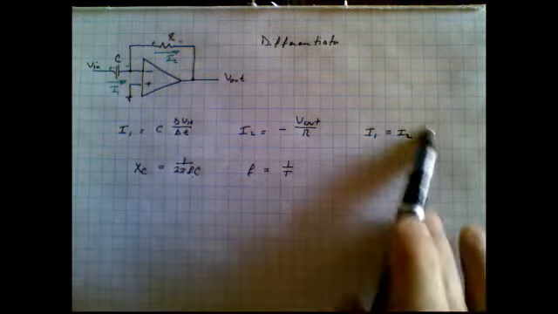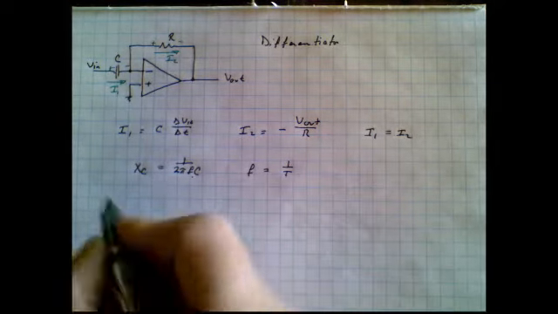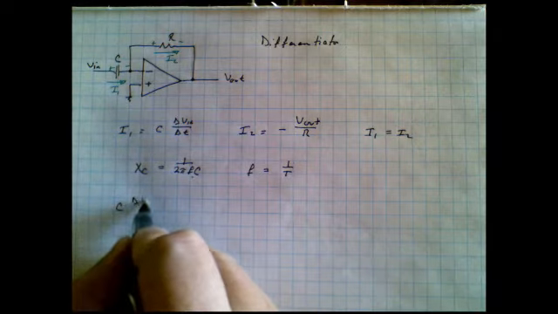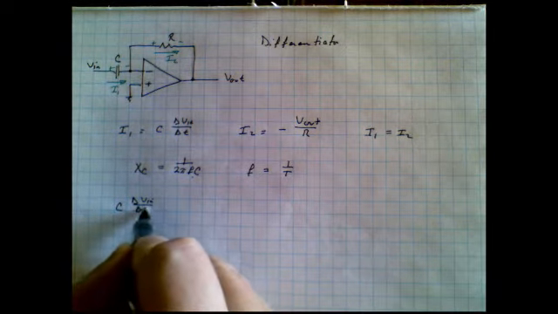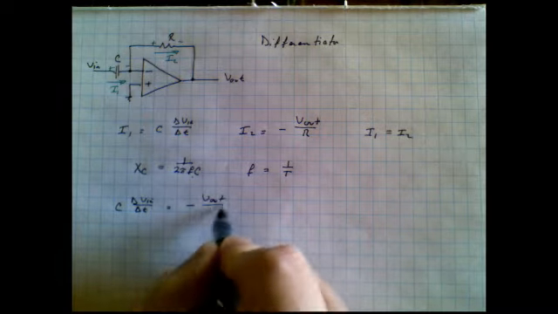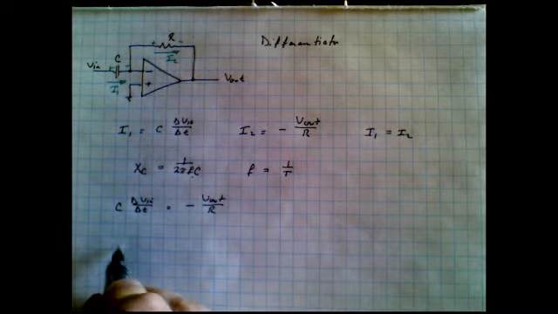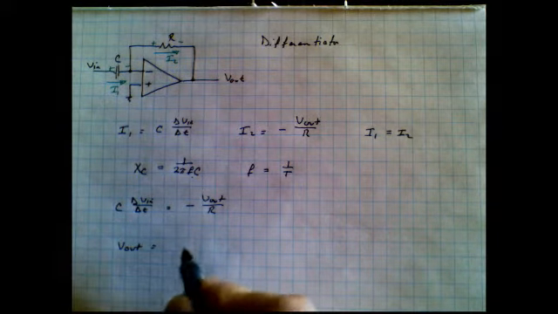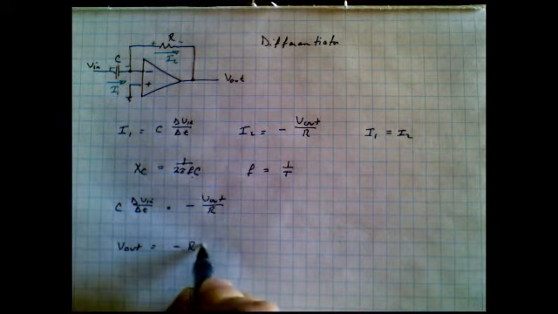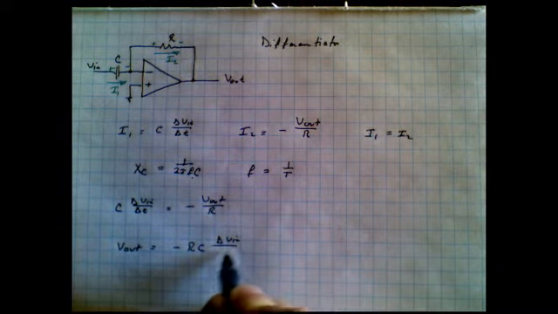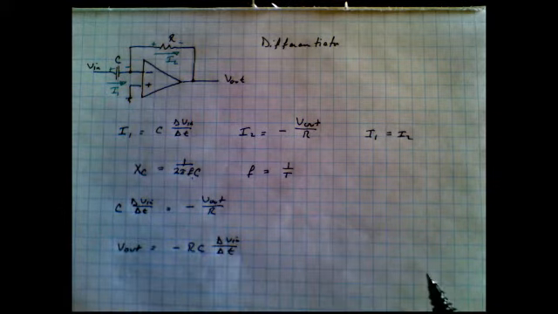So now let's equate I1 and I2. We have C delta Vin over delta t equal to minus Vout divided by R. Solving for Vout, Vout is equal to minus RC delta Vin divided by delta t.